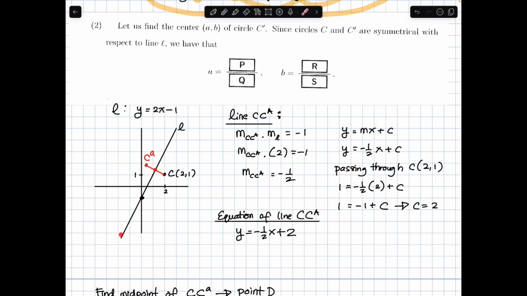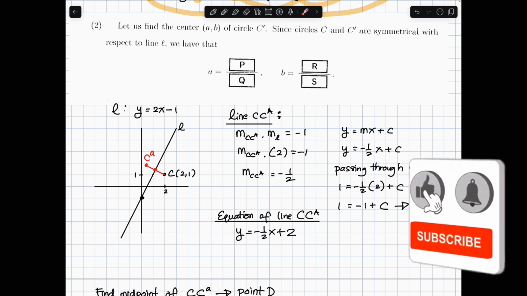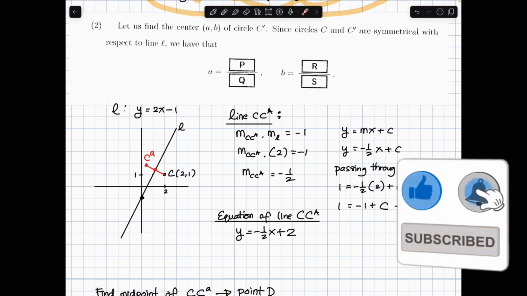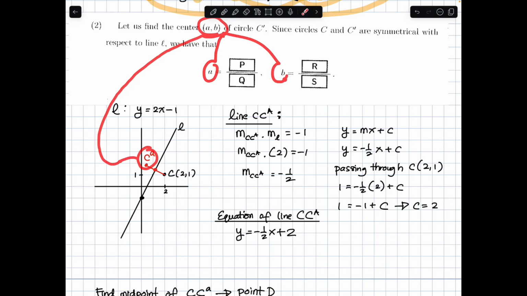So this is the line L. If the center of the first circle is reflected, it goes to the center of circle CA. This is the point that we need to find to fill in this question, A and B.